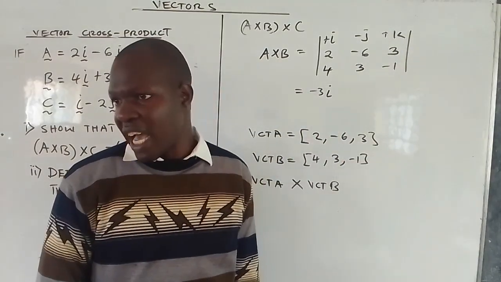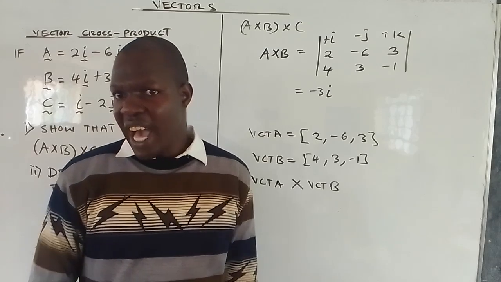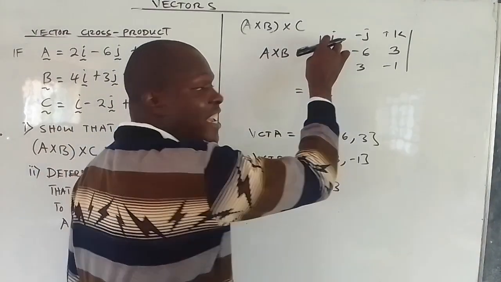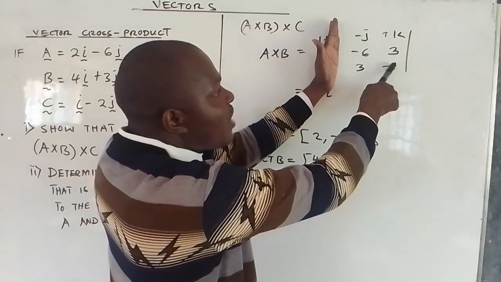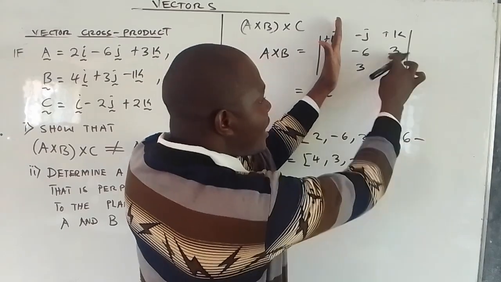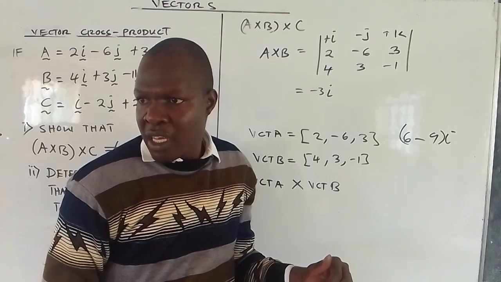And those are a waste of time. Are you seeing that? If you are doing it manually, meaning you block the first row and first column, you remain with -1 times -6, isn't it? Which is 6, then minus 3 times 3, which is 9, into i. So you get -3i, isn't it?